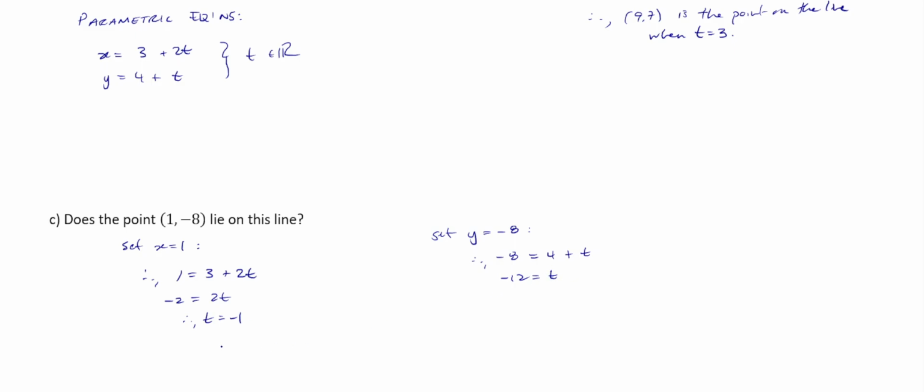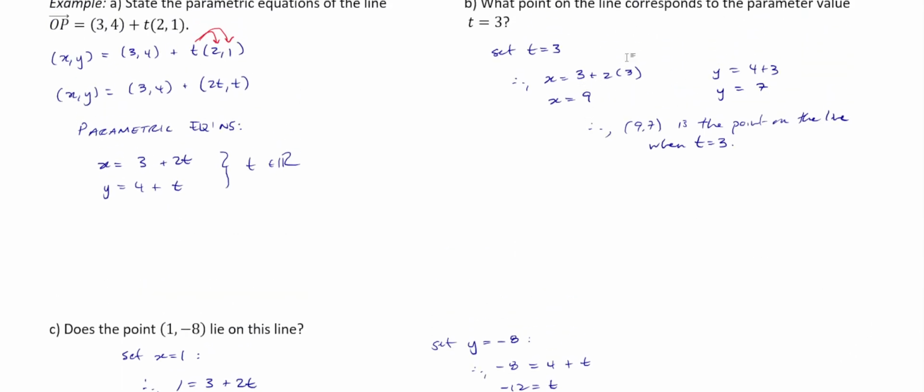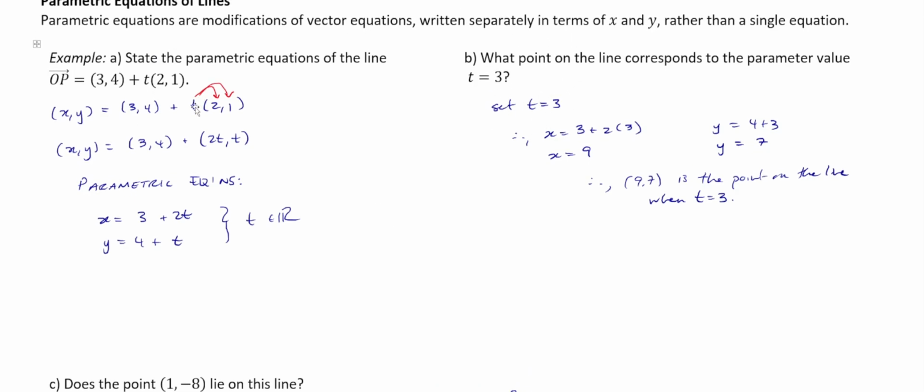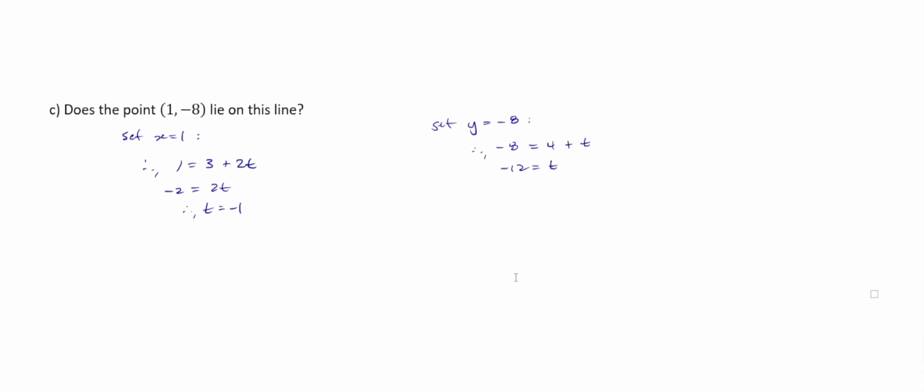Well, that's not what it should be, because to get a point on the line, you should have, as we had up here, a single value for t. A single scalar multiplier should be able to generate the point on the line. In this case, that did not happen.